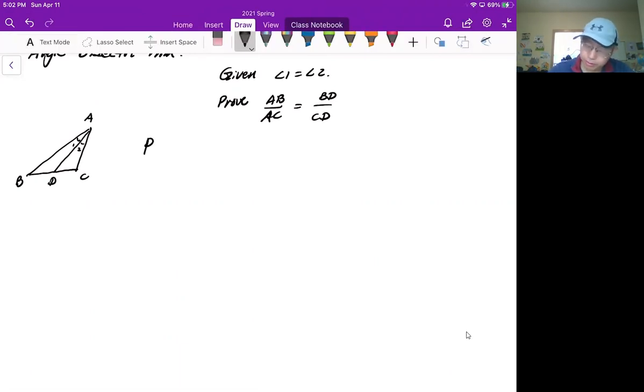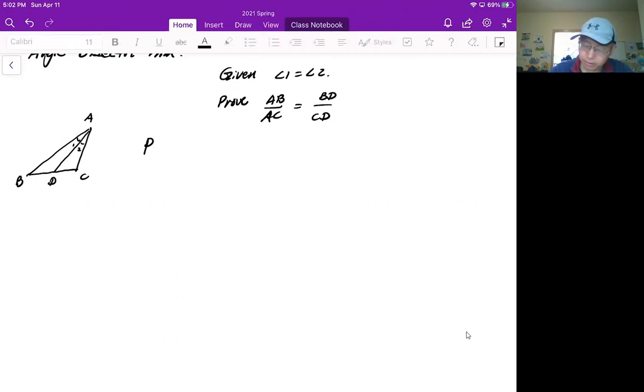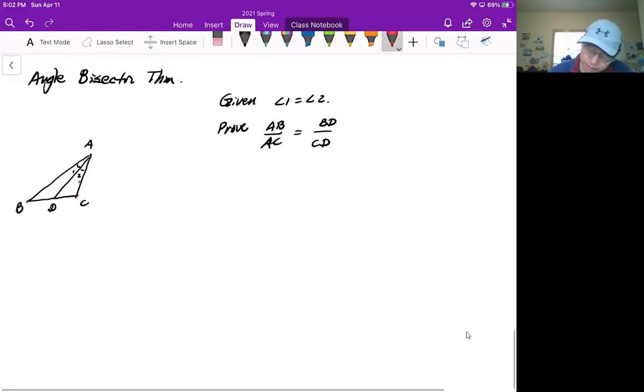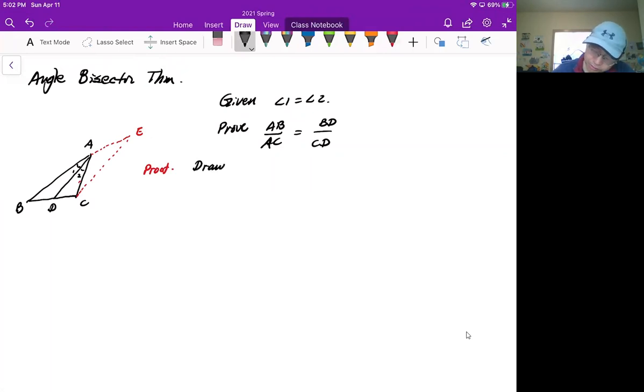Well, the proof is that I'm going to draw a parallel line to AD, and then make an extension, going to here. So suppose this is E. What I want is to draw CE parallel with AD.